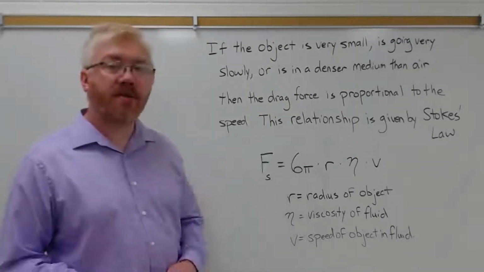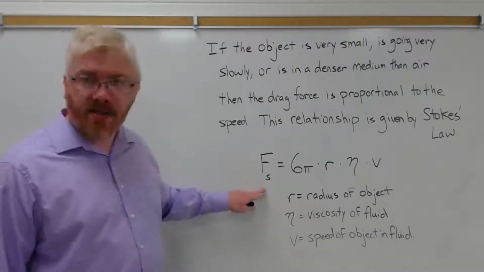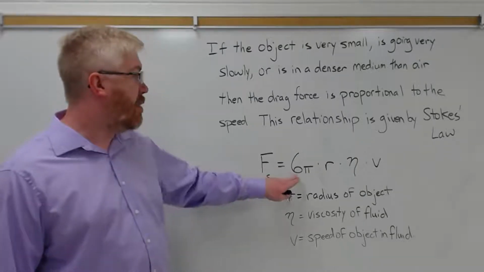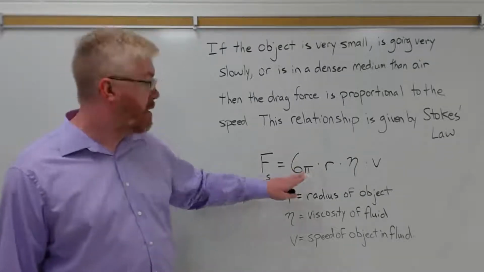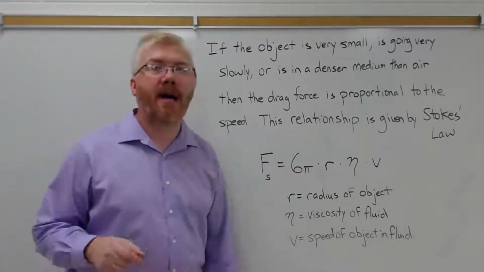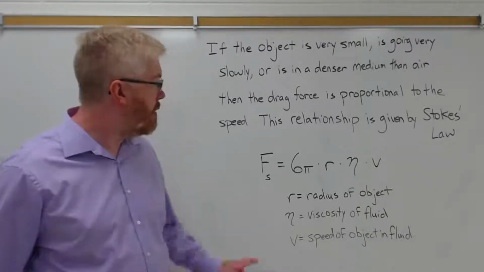This relationship is called Stokes' Law, and it's given by the following relationship. F sub s, Stokes' formula here, the force according to Stokes' Law, is equal to 6 pi, which is just a constant, times r, where r is the radius of the object. We can assume the object is roughly spherical in this sense, so if it's not, you can approximate.